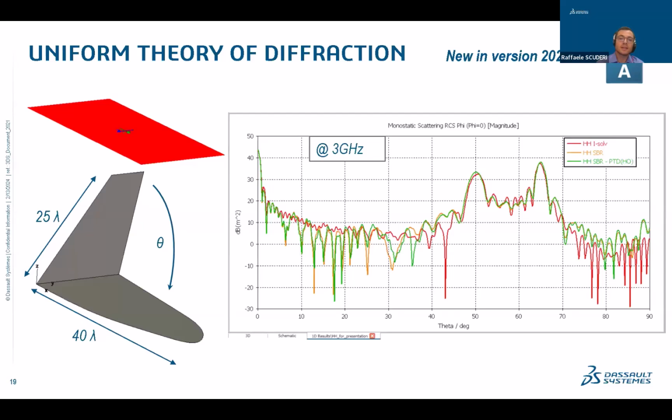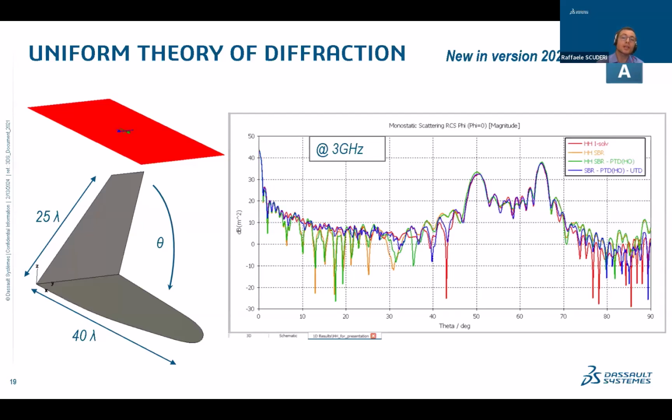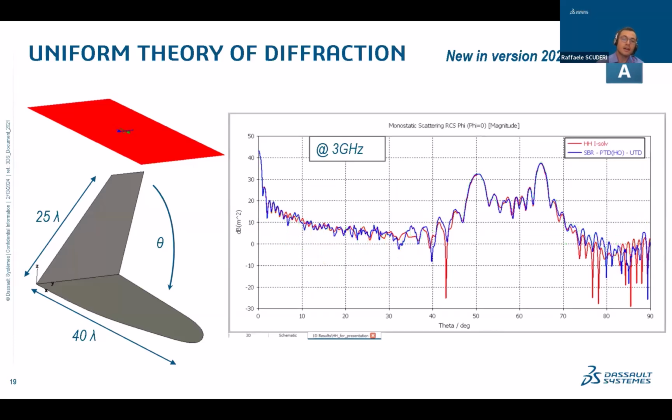Then you can see that at the end, I'm also including the uniform theory of diffraction. And if I now get rid of all the rest and only leave these two curves, you can clearly see the benefit of using the UTD in terms of accuracy here, okay? As a reference, I'm using the result that I have computed using the integral solver, so with a full wave method, without any assumption, without any approximation.